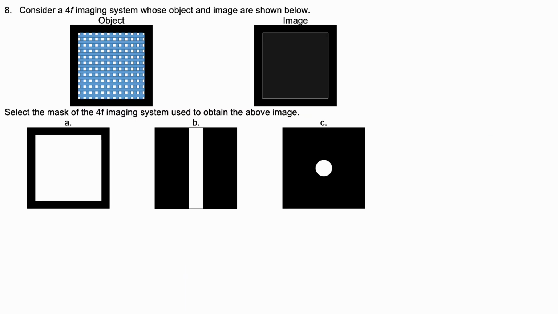Alright, so the second problem, which is number 8, says to consider that you have a 4f system, and this is your object, and that is your output. They ask what the filter is that you have used to obtain the image. So the object becomes like two sinusoidals.